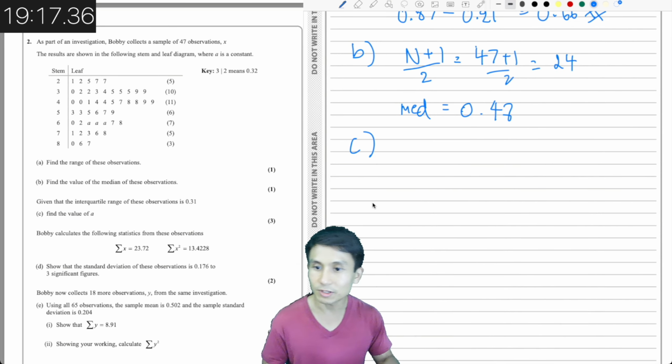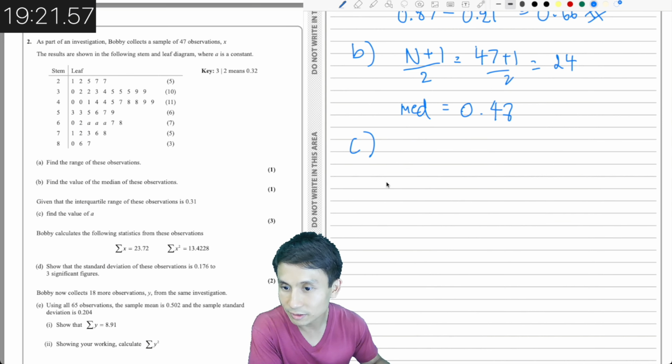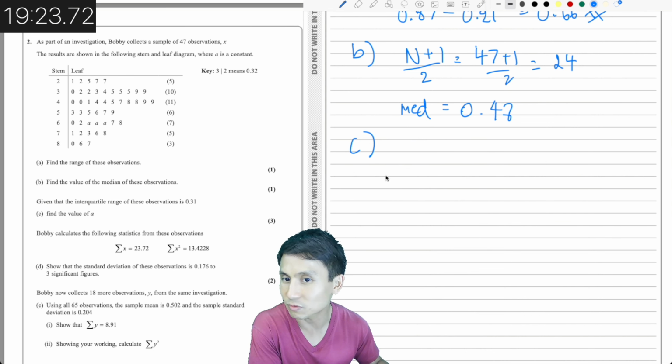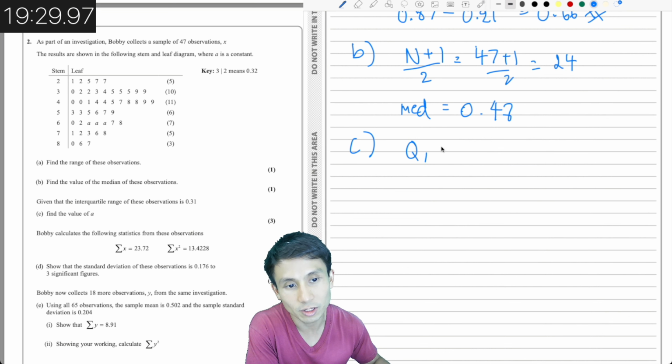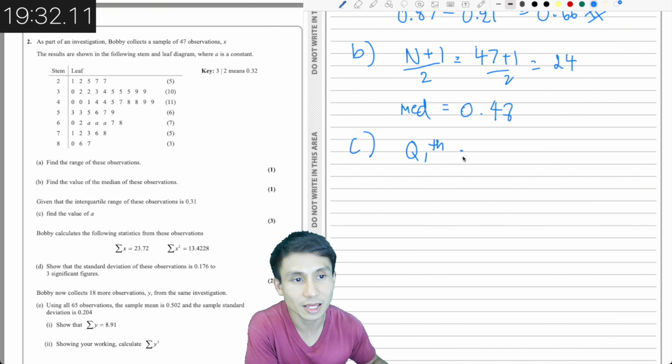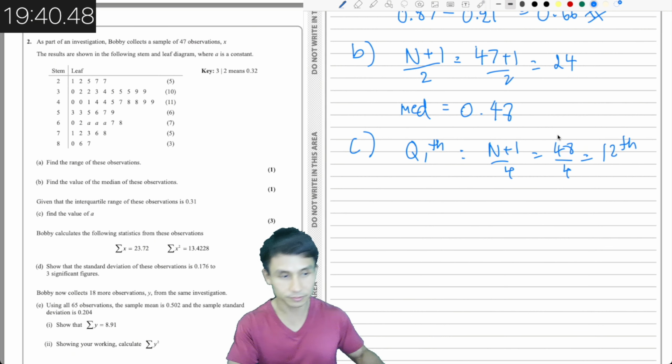C, given that the interquartile range of these observations is 0.31, find the value of A. So A is around the upper quartile, I would say. The lower quartile Q1 is at n plus 1 over 4, which is 48 over 4, at the 12th observation.